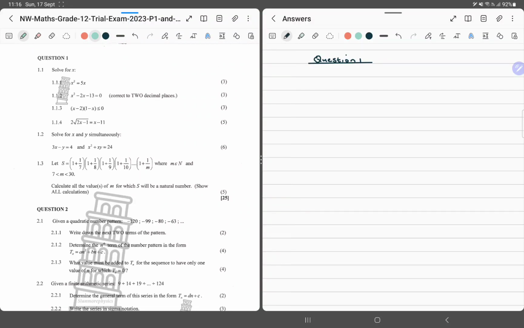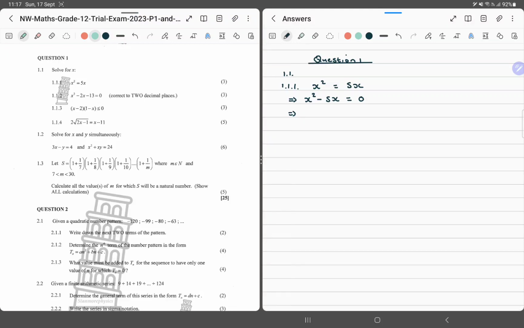Okay, so we know that we're solving for x in 1.1.1. So we've got here x squared equals 5x. Now to solve this, we transpose, so x squared minus 5x is equal to 0.